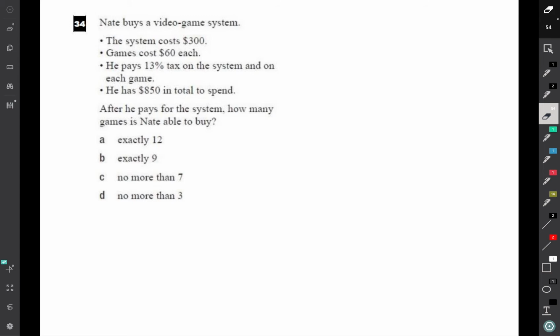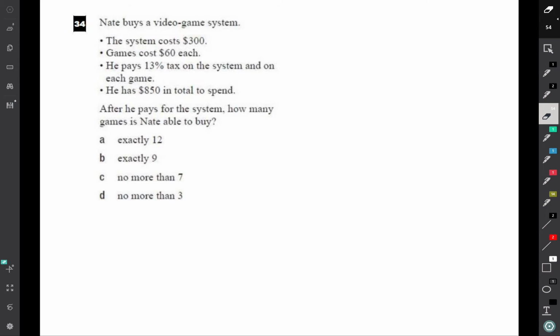Okay, so this question gives us a lot of information. But the first thing I want us to think about is building an equation that represents the cost of Nate's video game system and games.